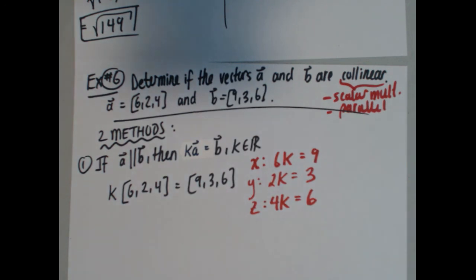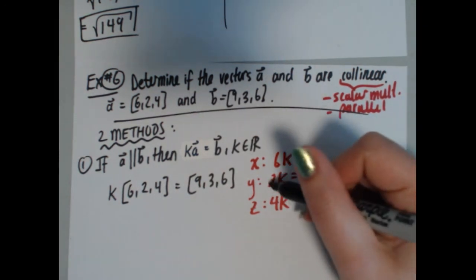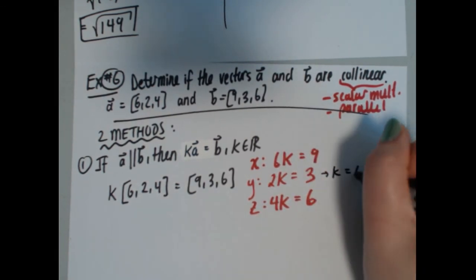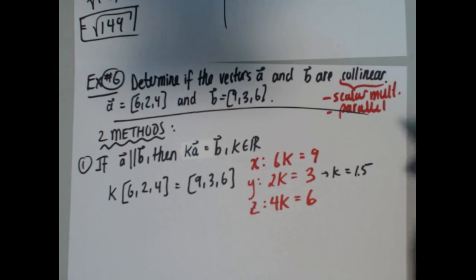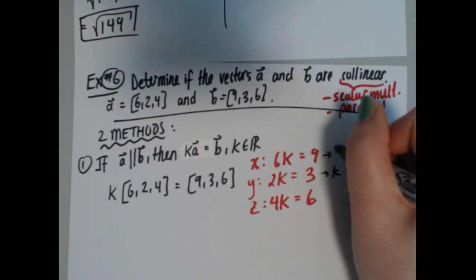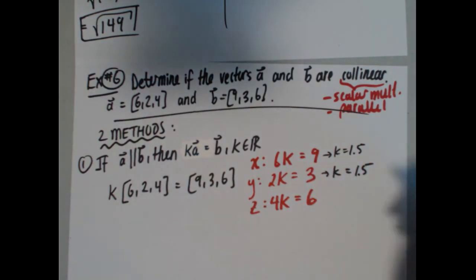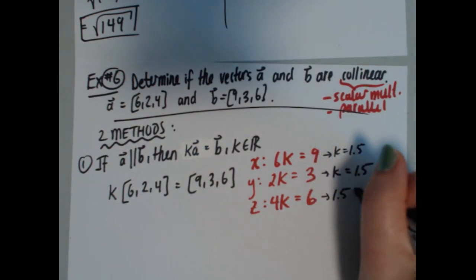Okay, so K, well actually it's probably easiest to find K from Y. K is going to be 3 divided by 2, or 1.5. Okay, so check the first one. If you multiply 6 by 1.5, so by itself and half of it, you're going to get 9. Okay, what about the last one? 4 times 1.5, sure enough, that's 6.